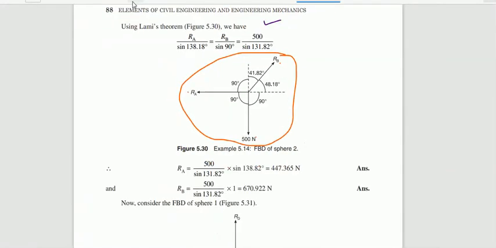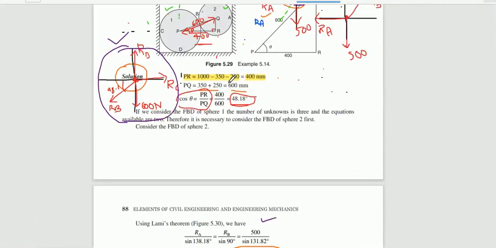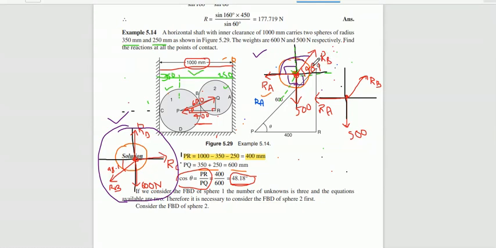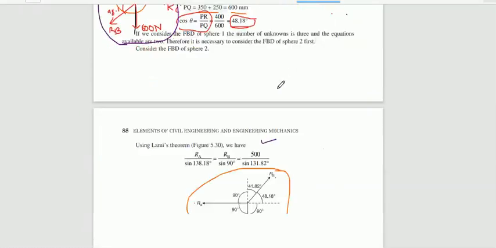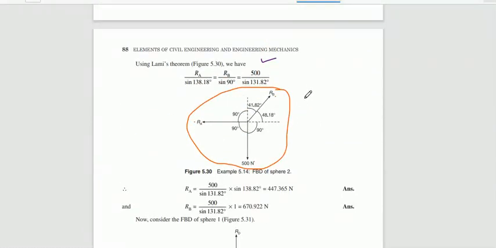I will show you the same thing. You just observe whatever figure we have. RB, which makes an angle of 48 degrees with respect to the x-axis, and 500 downward. RA is in this direction. The same free body diagram you can observe here. Right?